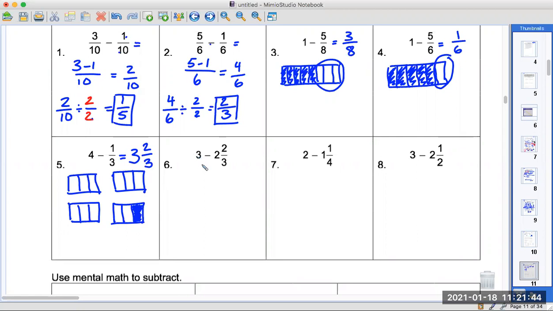Okay, 3 whole ones. We want it to look a little bit equal to make it the appearance that we got 3 whole ones. We're taking away 2, and we have to divide into 3 parts.